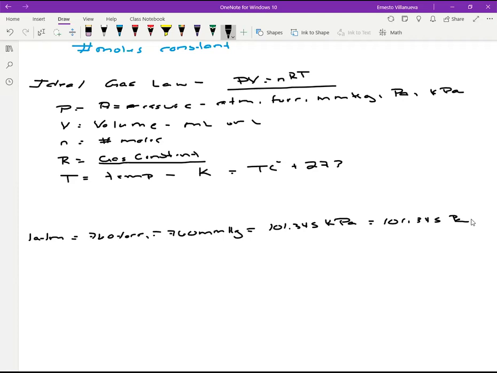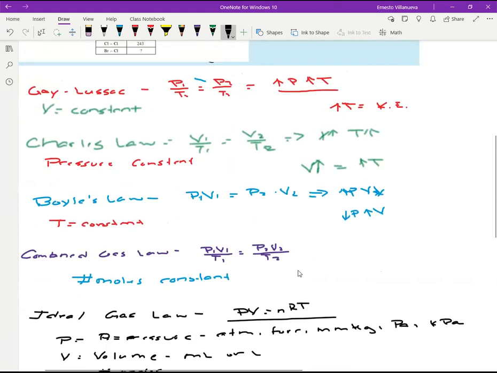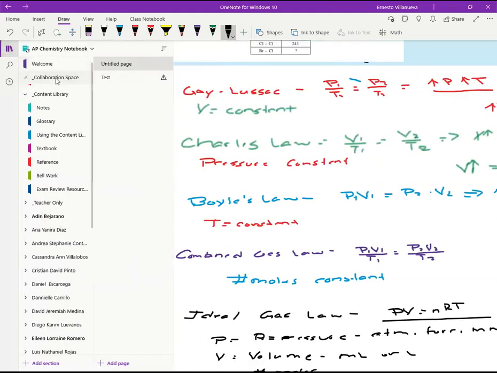Okay, now all these units are also going to be on your cheat sheet, which I'll show you guys in just a second. But this is it. Now, why did I go over all these gas laws with you? Anytime you're dealing with a problem that deals with gas laws, all you got to do is figure out either what's constant, what's changing, or what's been given. Okay, so let's take a look at our page real quick.